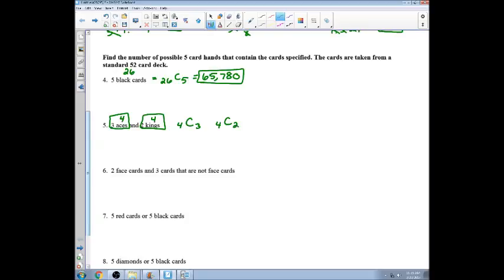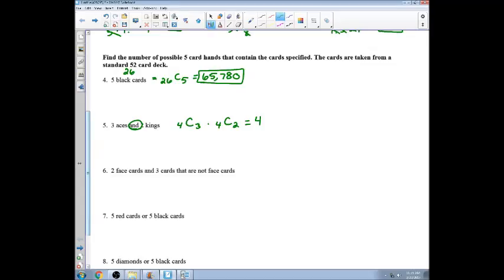Now the word that gives away exactly what we're going to do here is the word and. If it says and, that means they both have to happen. Okay? And if they both have to happen, what we're going to do is multiply this together. So again, if you use your calculator, you'll figure out that 4 combination 3 is going to be 4. There's 4 combinations of possible aces.